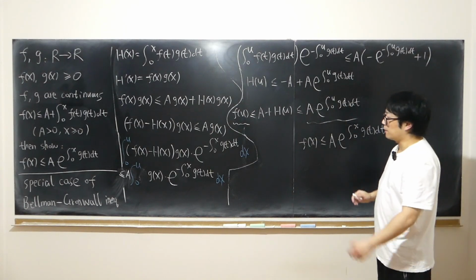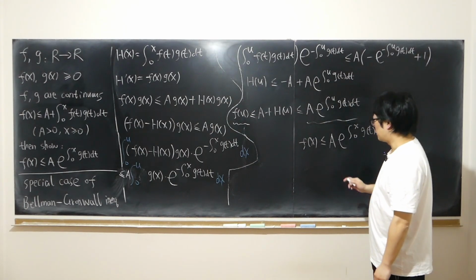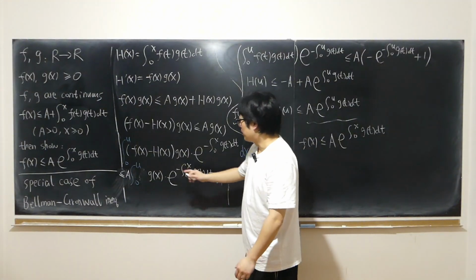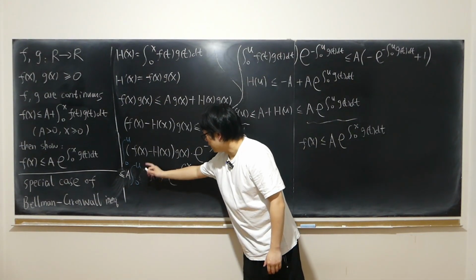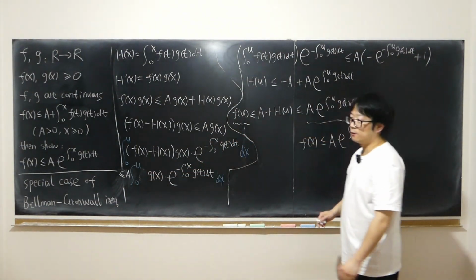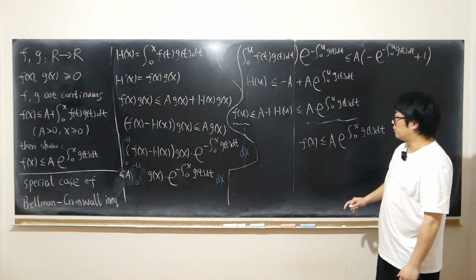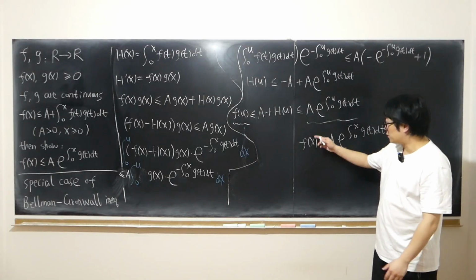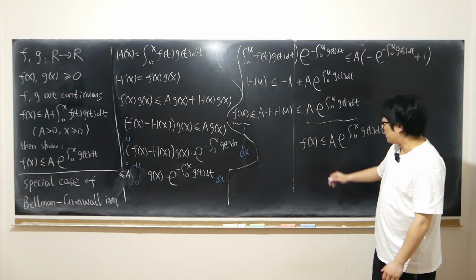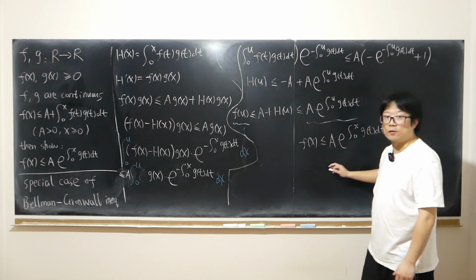It's the same thing. Like I said, we first treat u as a constant. Of course, u is greater than 0. There's nothing special about u. If it works for u, of course, it works for any x that's greater than 0. That's our desired result.